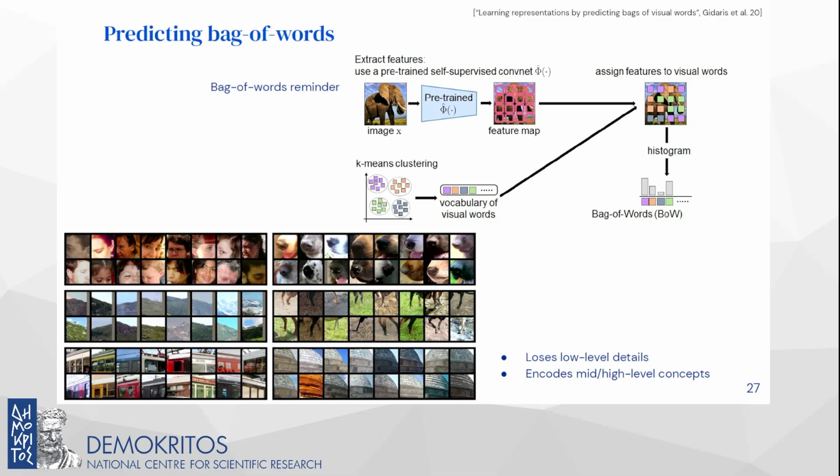And you can do this for many images, cluster them, and think of each cluster as a kind of visual word. Basically they capture mid or high-level concepts in this case. And now you can use as a representation of the whole image a histogram of these visual words, so these clusters.